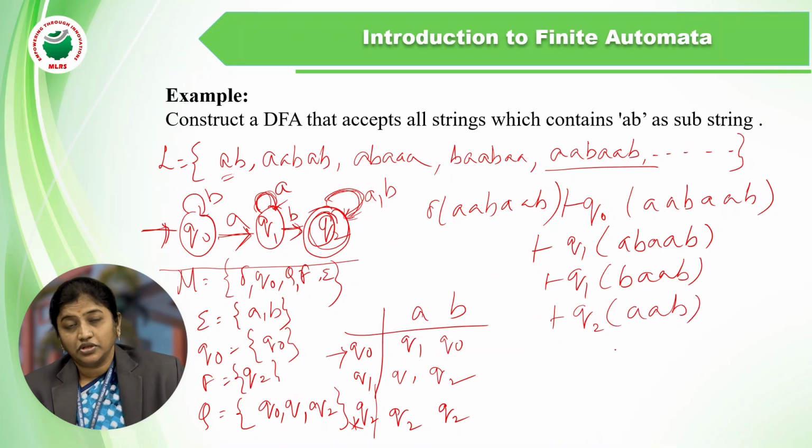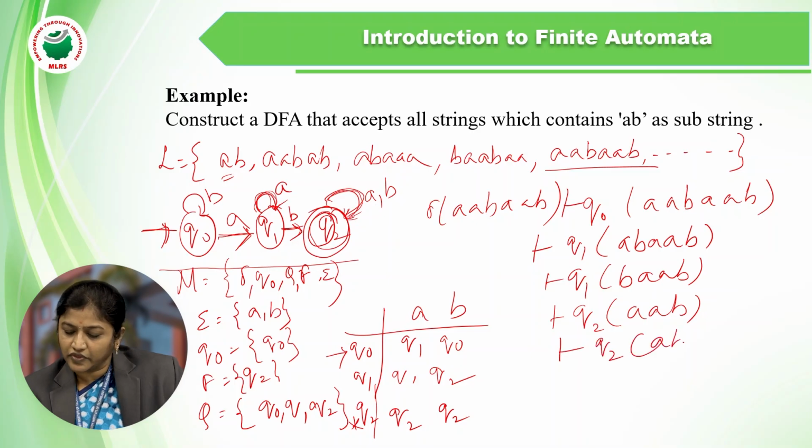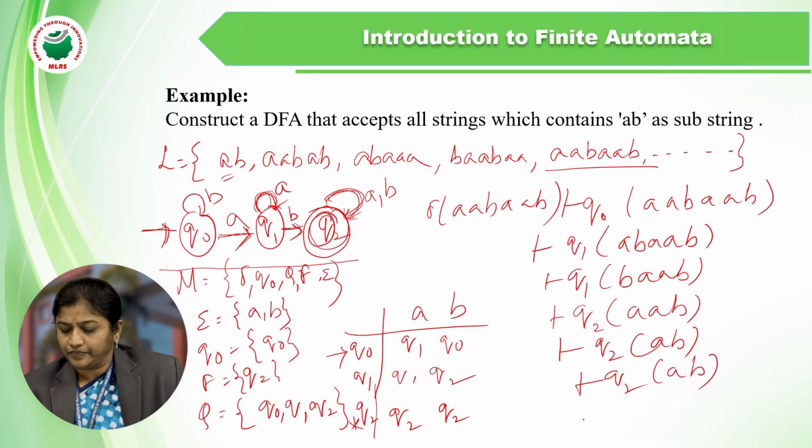At the end, it should reach the final state. Q2 on A is what? Q2 only. Again, Q2 on A is Q2. Okay, so left is only B here. Q2 on B is what? Q2 only.